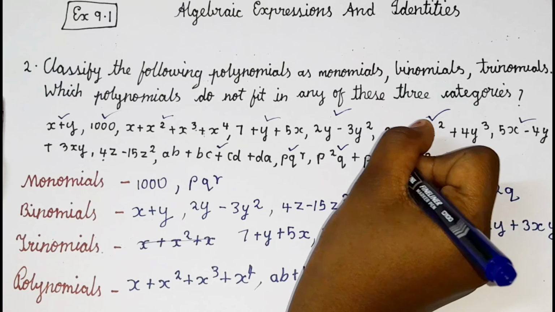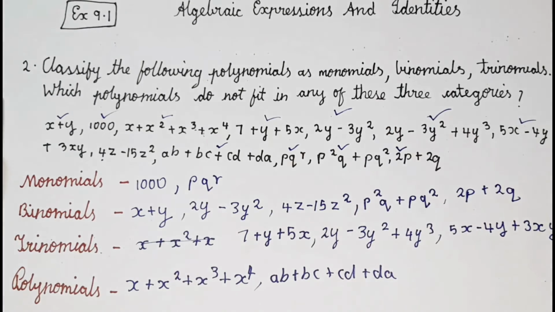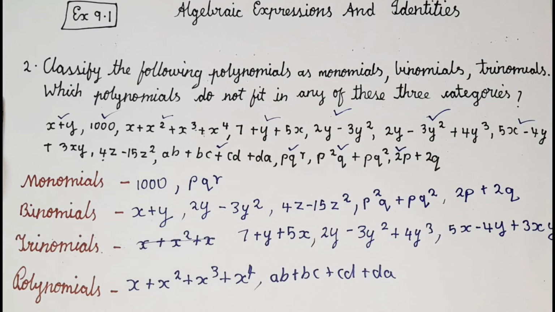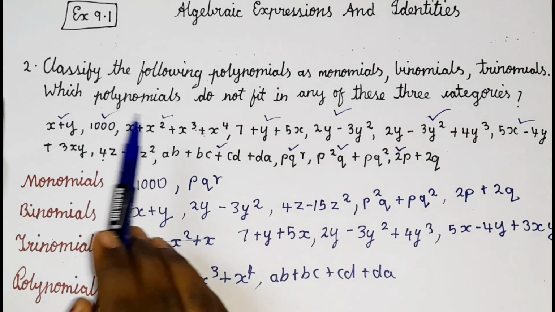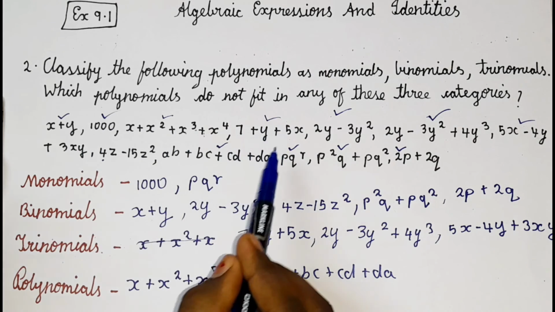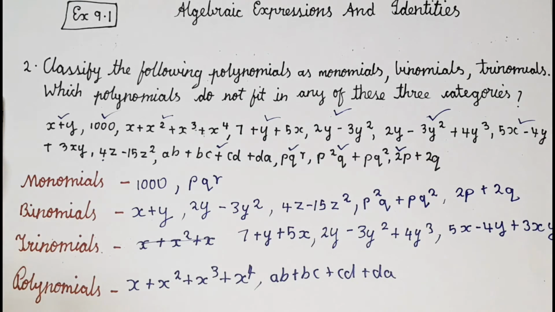So here you guys can see we have written everything. After writing everything we shall check whether we have used all the terms. 1, 2, 3, 4, 5, 6, 7, 8, 9, 10, 11.